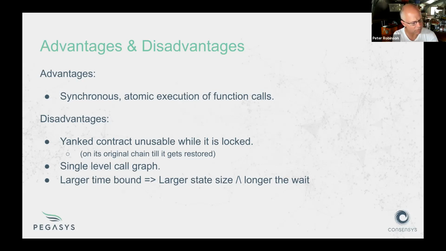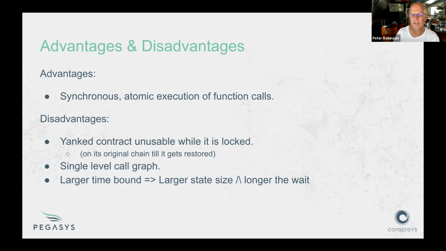You can only do one level of call graph with this. So you can only do a function on one contract on a shard that calls a function in a contract on a different shard. I don't think there's a mechanism to do a multi-level call graph with this. And that last one is something that Raghavendra wrote in, where I think the larger the state, if you had a really large state size, then trying to move it from one shard to another shard would take a lot of time, would be a really bad idea.